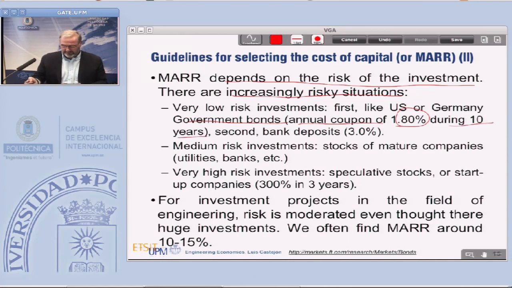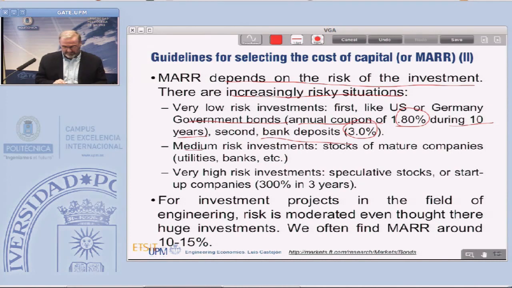And then you have another chance with low risk investment, which is to invest your money in bank deposits. You can get 3% of return. And then if you want to increase your return, you have to increase your risk.